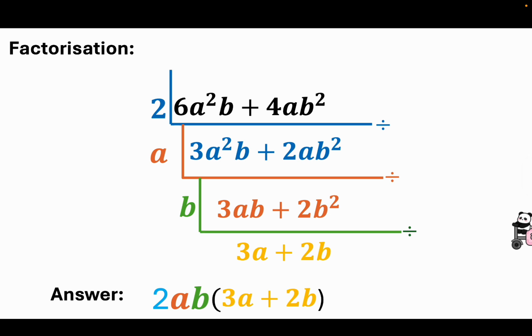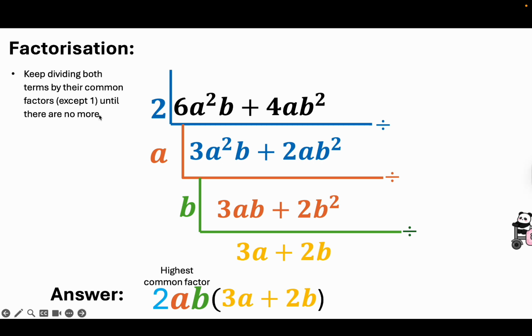That will be a shorter process, but the same method applies. Whatever is outside that you combined is what we call the highest common factor in algebra. The highest common factor in this case is 2ab. So you just keep dividing both terms by their common factors until there are no more. This is the full process.